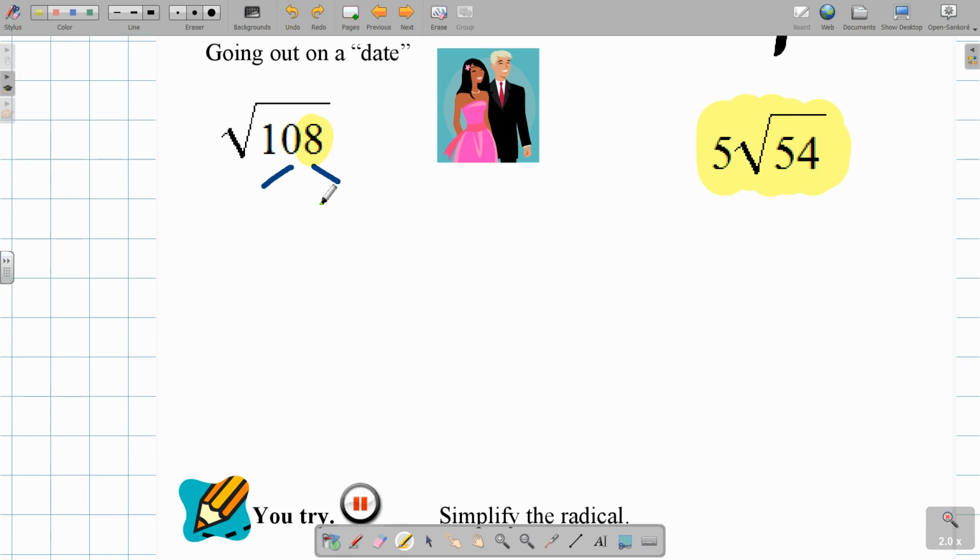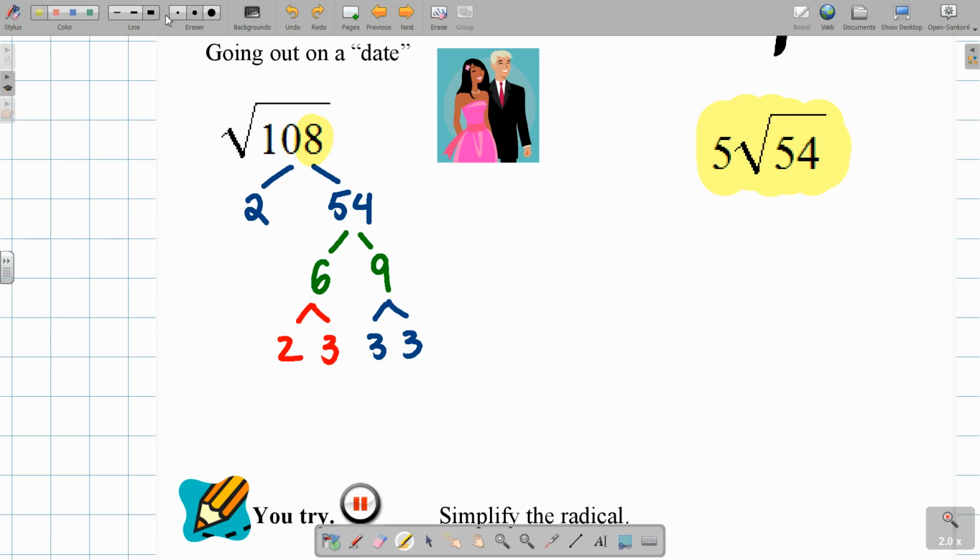Generally, if it's an even number, I just use 2 as far as I can all the way down. So it's 2 and 54. Then you keep going. What goes into 54? I know 6 and 9 goes into 54. And you want to get it down to all primes.